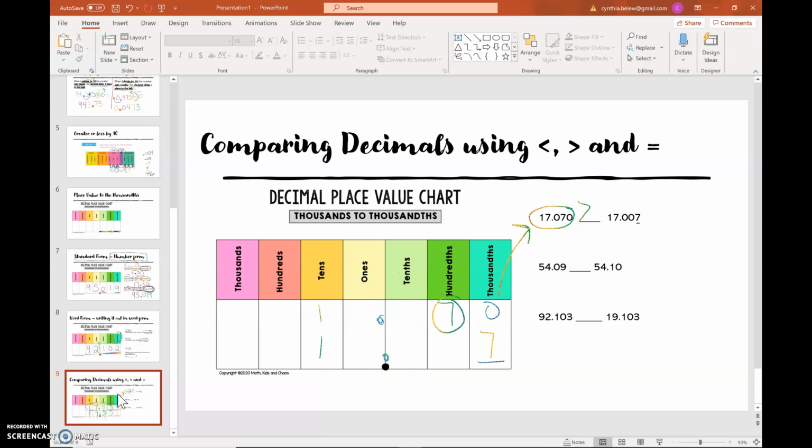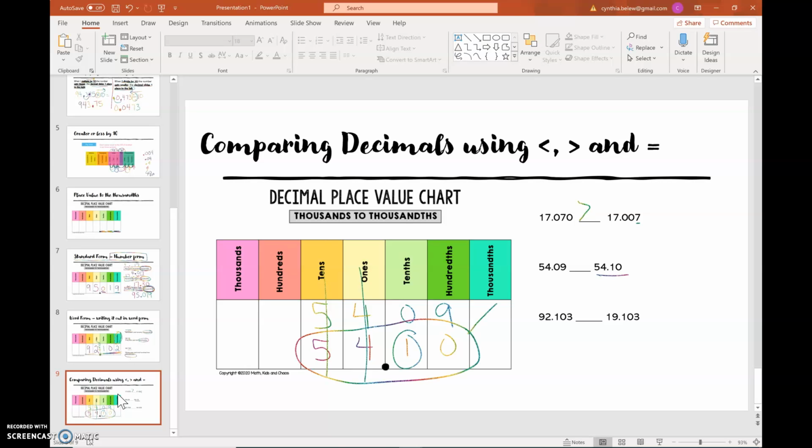Can do the same thing with the next one. 54 and, let me write that smaller. 54 and 9 hundredths and 54 and 10 hundredths. Same, bigger.